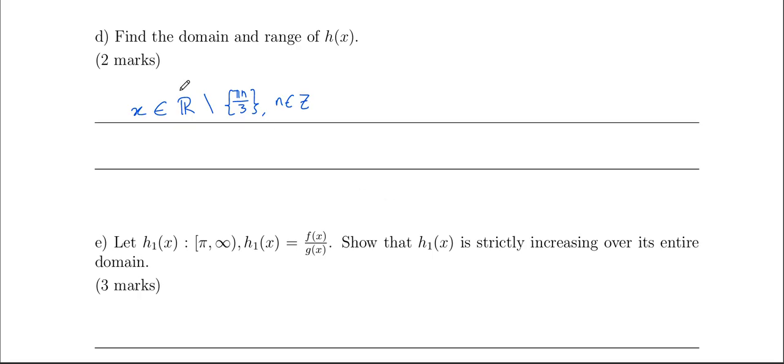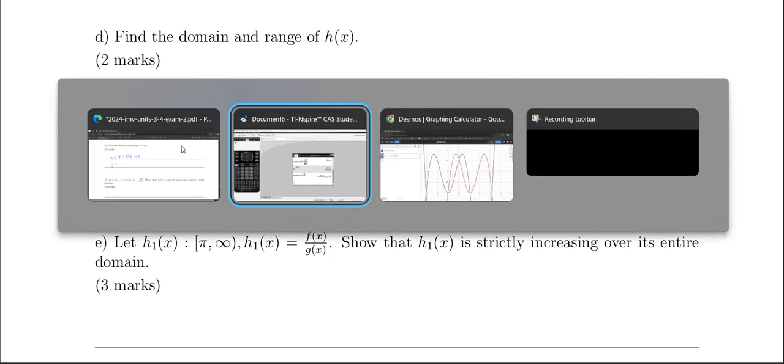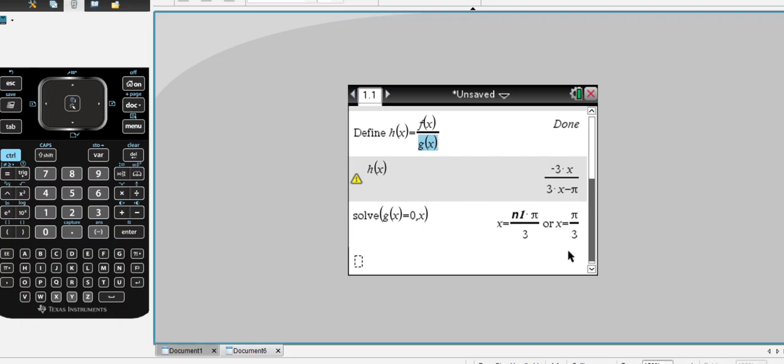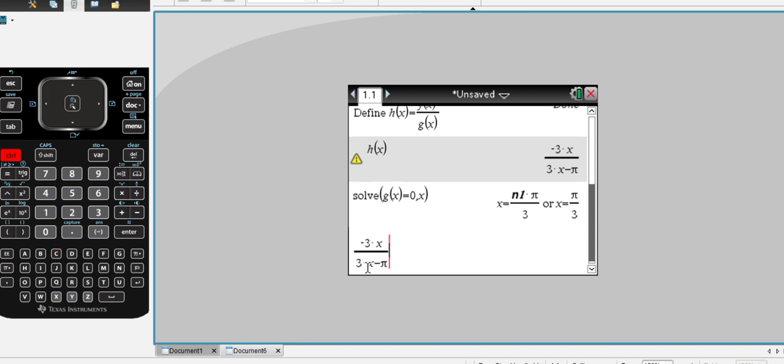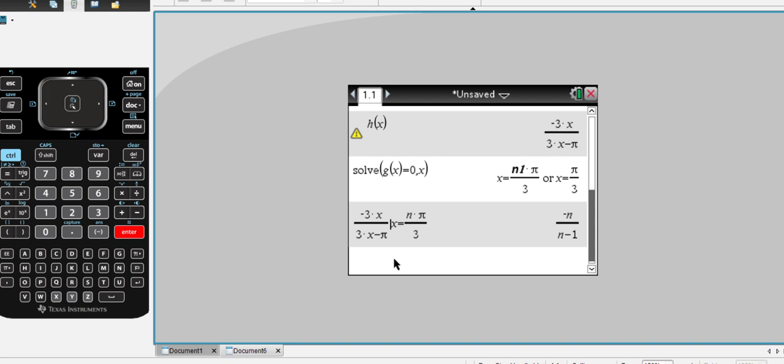And then also the range. Obviously since we can't substitute any of these in, if we substitute x equals n times pi on 3, we get this.